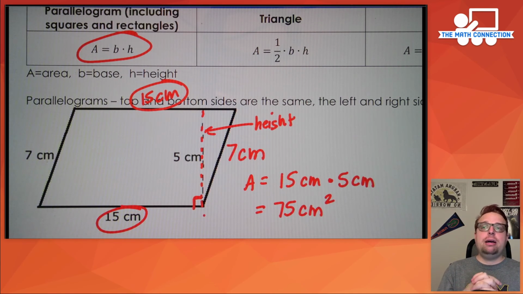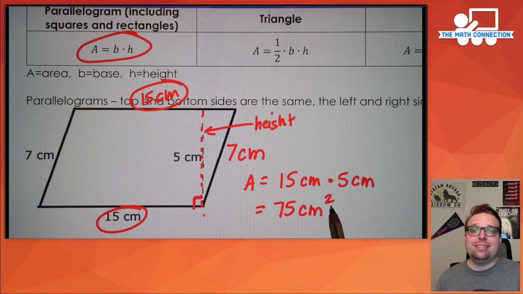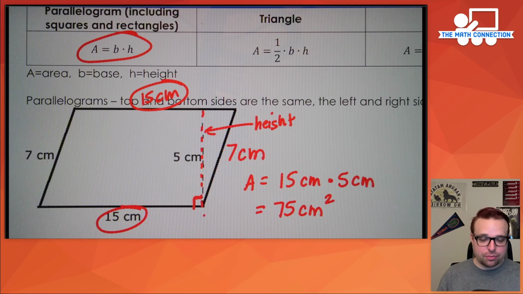Whenever you are talking about the area of something, that is a 2-dimensional measurement of a shape. Anytime you're talking about the area, you have to make sure that you express that using this notation here, which is the exponent of 2, which indicates that this measurement is based on 2 dimensions, the length and the width, or the base and the height, or whatever you want to call it.